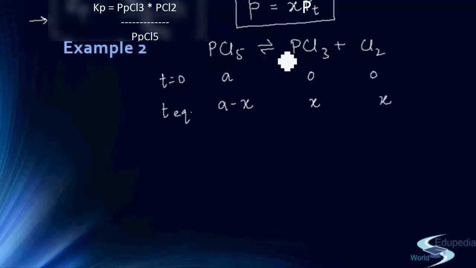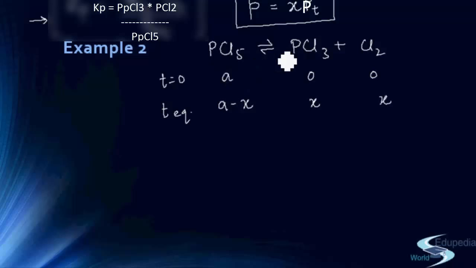First thing, find out the total pressure. Total pressure PT is usually given to you in the question, because you cannot otherwise calculate it, or you will have to use PV equals nRT, where n is total moles, to find total pressure. There is no other way to calculate it, at least not from what you know.